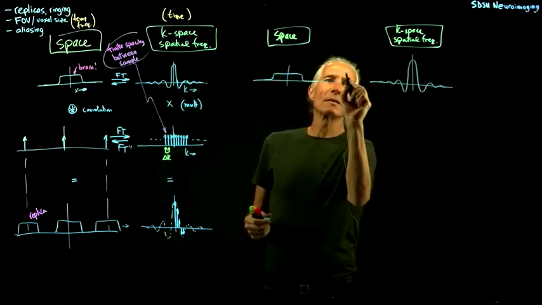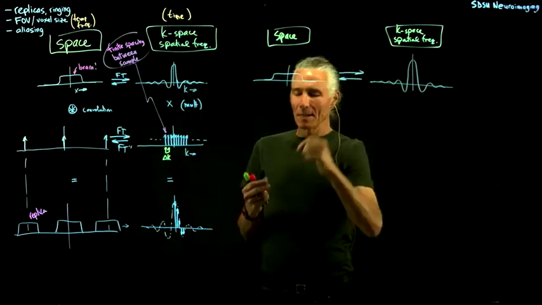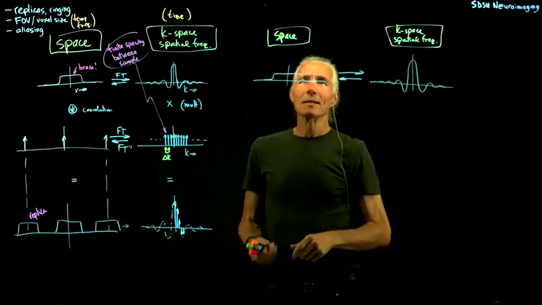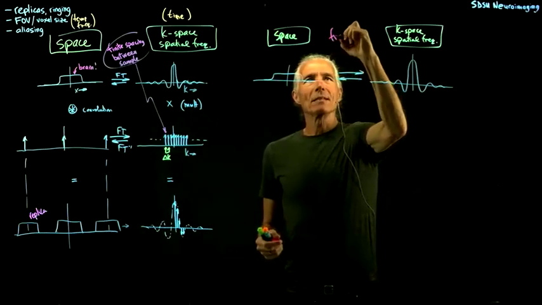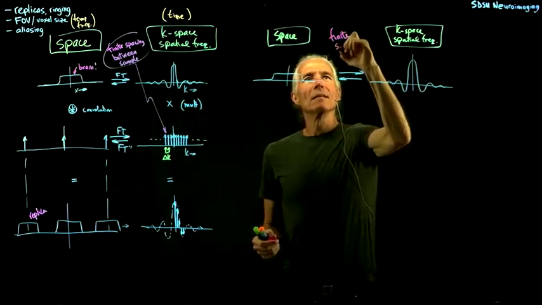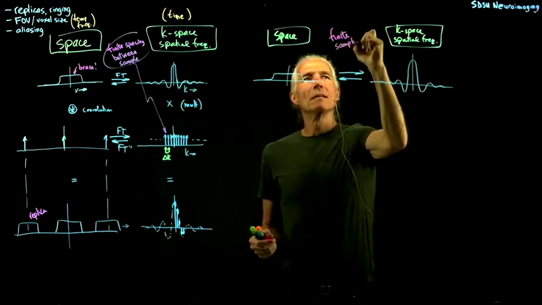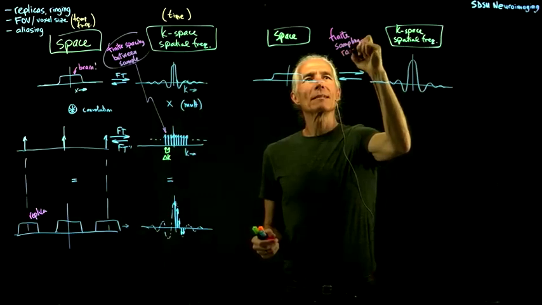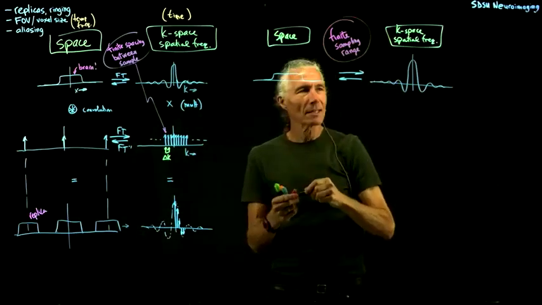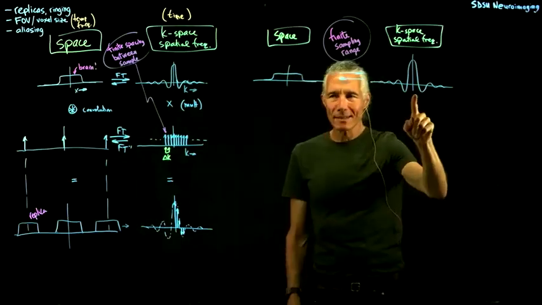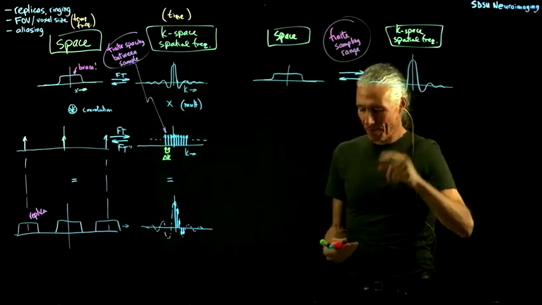But now we're going to do something else, which is we're going to model the finite sampling range. The finite sampling range is basically multiplying this guy by a rectangle.